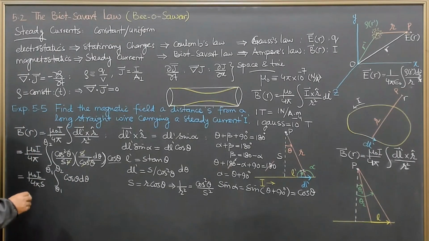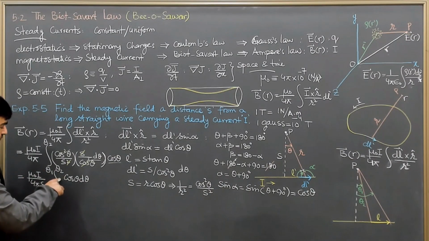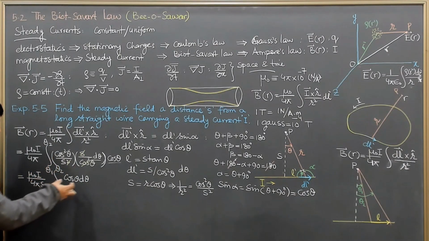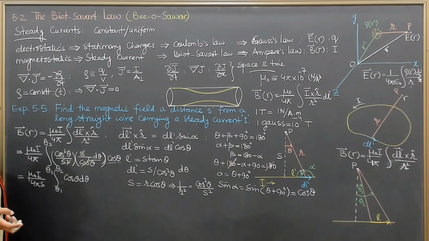Now I can write this as the differential of sine theta. Like the differential of sine theta is equal to cos theta d theta. So it means the result of this when you apply the integral will come out to be sine theta.